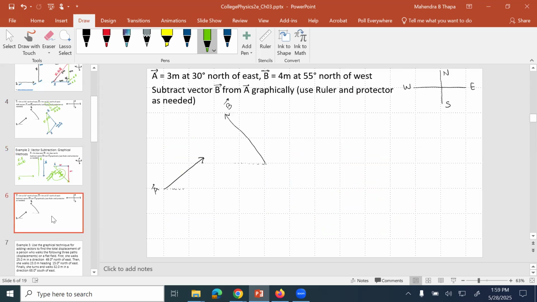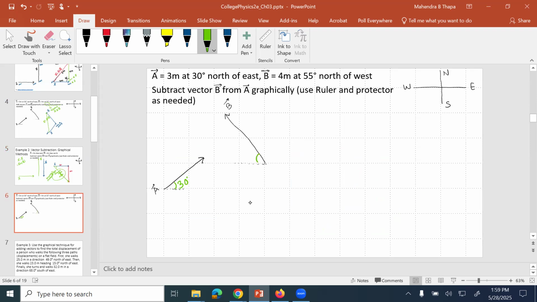Okay, let's go to a similar problem here, but not like east and west. So for example, vector A makes an angle of 30 degree north of east. So this angle is again, as before, 30 degree. And vector B is 4 meter, 55 degree north of west.